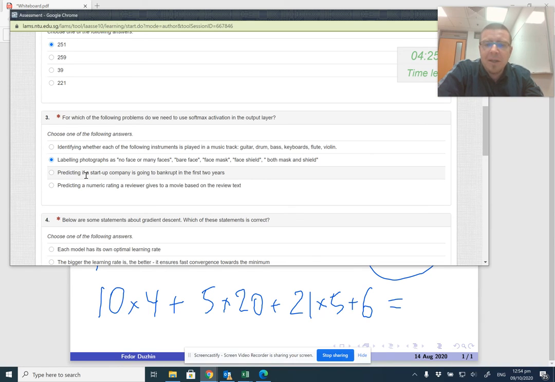If there is guitar, it doesn't mean there is no drum, so both of them can be there. But when we label photographs according to these 5 classes, then it's precisely one of these labels. So we use softmax for this, and for the first, we would use a sigmoid activation, but we would have 1, 2, 3, 4, 5, 6 sigmoid units.